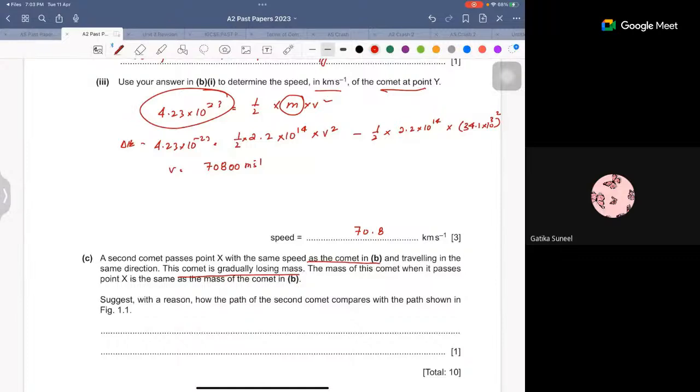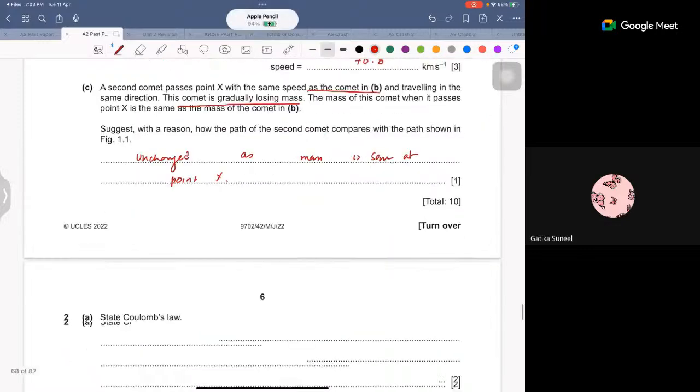If the mass is the same and it has the same speed, everything is the same, so the path will be unchanged. Because everything is the same, unchanged, you can also write as mass remains the same at point X. Very simple question.